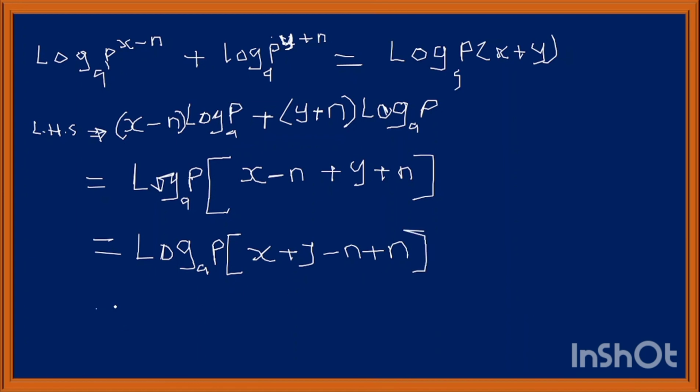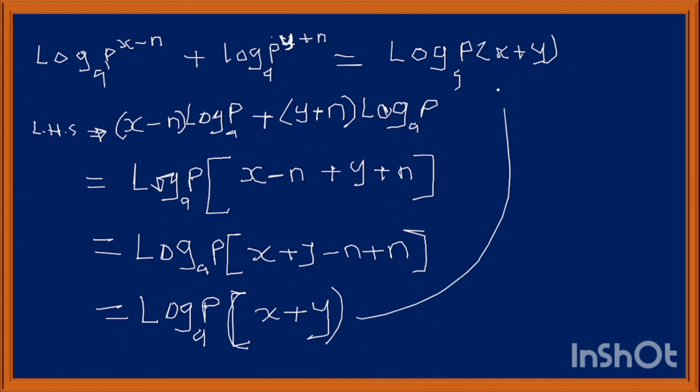So this will be off, so we are left with x plus y, which is what, as you can see, this is the right hand side.